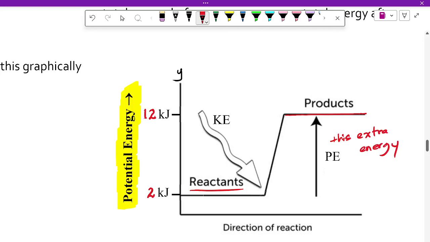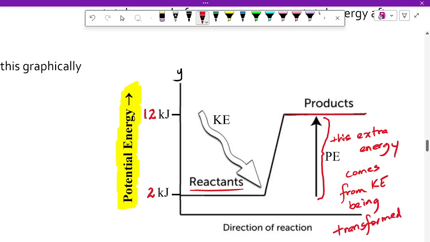This extra energy here comes from kinetic energy being transformed into potential energy. So you can visualize this as kinetic energy comes in.